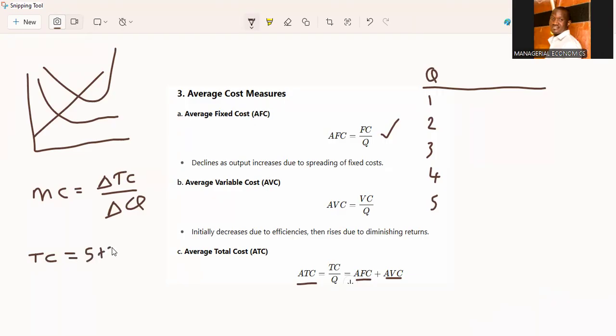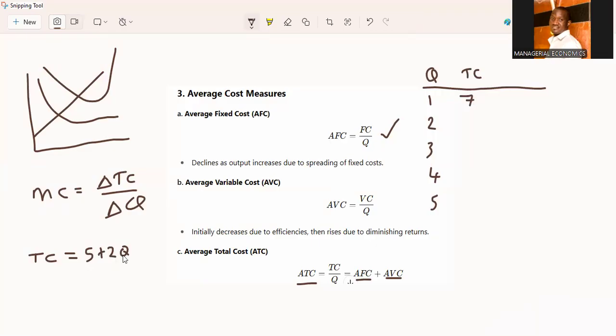So we're going to calculate our total cost based on this function. When q is 1, when we put 1 there, it'll be 5 plus 2, which is 7. So our total cost here will be 7. How about if our quantity is 2?